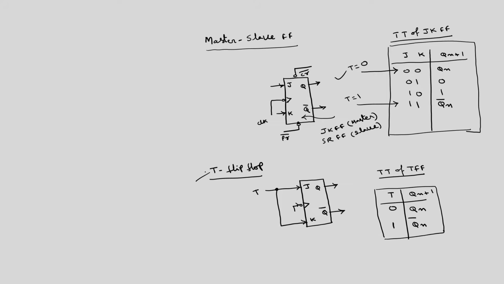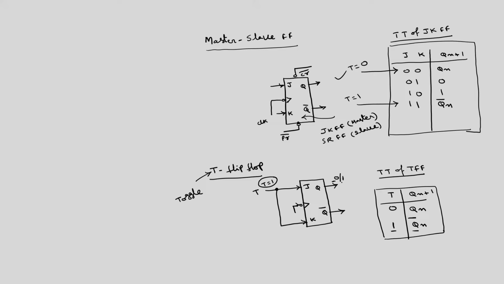T stands for toggle. Why the name toggle? If I fix T equal to 1, say the initial state is 0, and I apply one clock signal here, then after the first clock signal the output becomes 1, because when T is equal to 1, the output will always be the complement of the previous output.